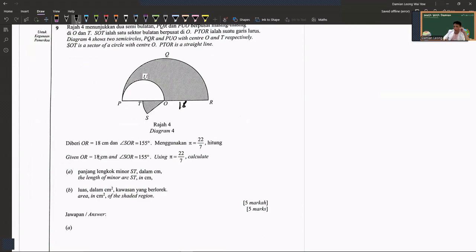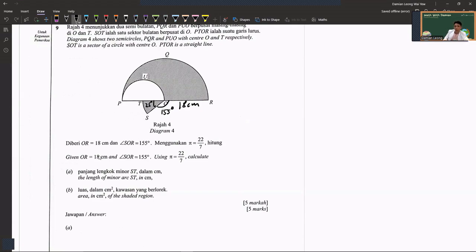Okay, let's label here 18 cm. Angle SOR, this angle is 155 degrees. Wait, it should be here. My bad, this side, 155 degrees. So if this is 155, this straight line means here would be 25 degrees. It should add up to 180.